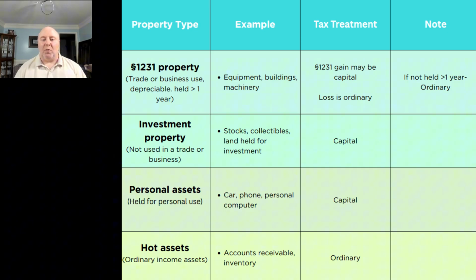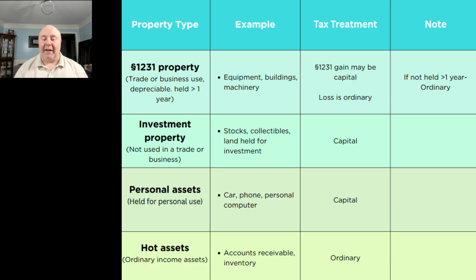Those things will be capital as well. Now remember, capital assets are generally taxed at our preferred rate of 0, 15, or 20%, although collectibles have their own rate. The thing to keep in mind is that whenever you see a capital asset, they're taxed at a preferred rate. When we see our hot assets, which is ordinary, that's taxed at our ordinary rate.